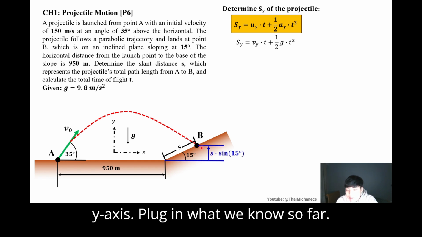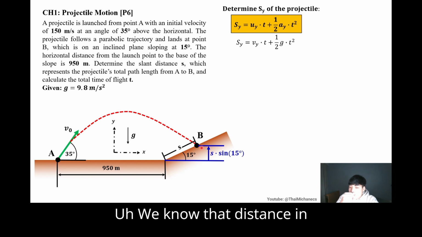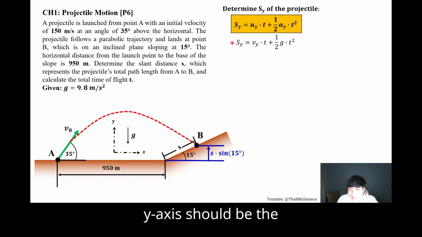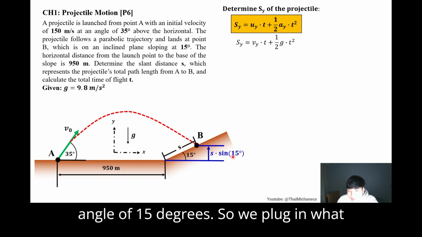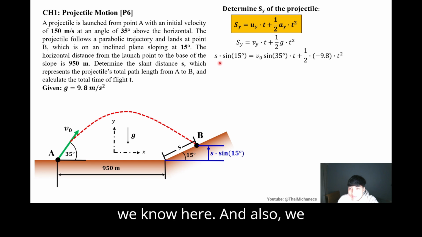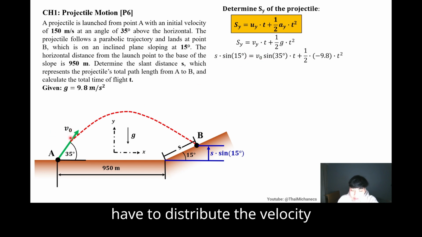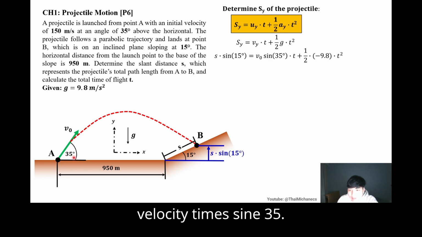Plug in what we know so far. We know that the distance in the y-axis should be the distance s times the sine of the inclined angle of 15 degrees. So we plug in what we know here, and also we have to resolve the velocity in the y-axis, so that is the initial velocity times sine 35.